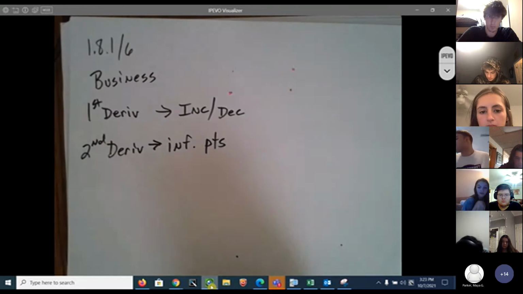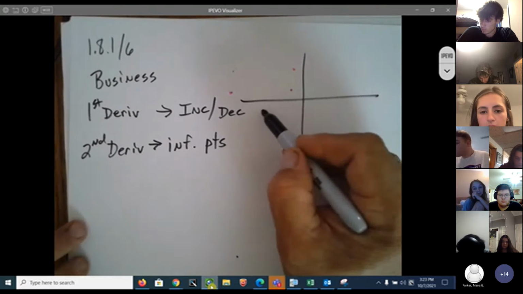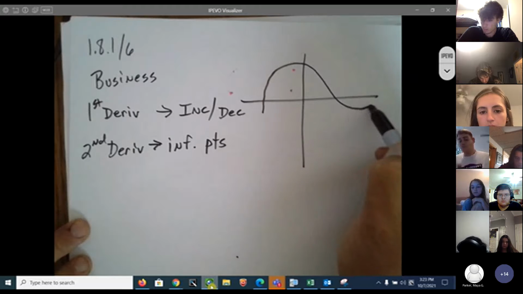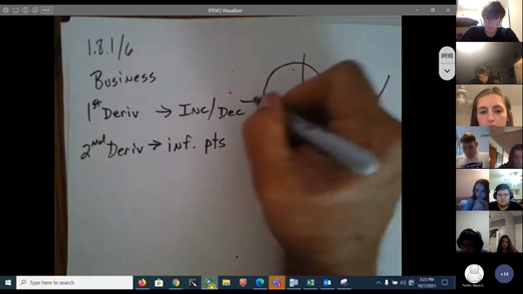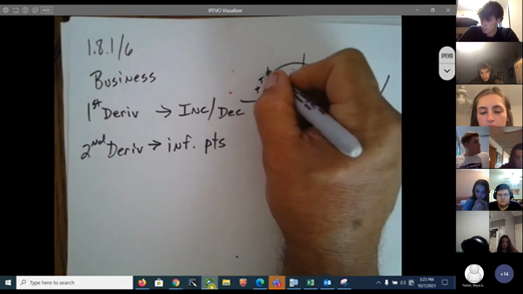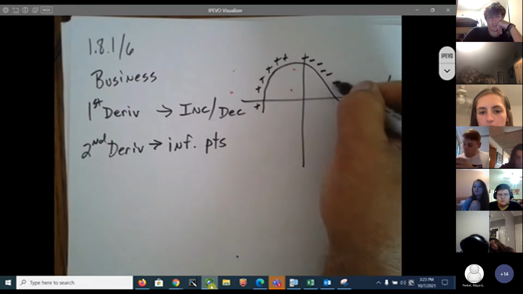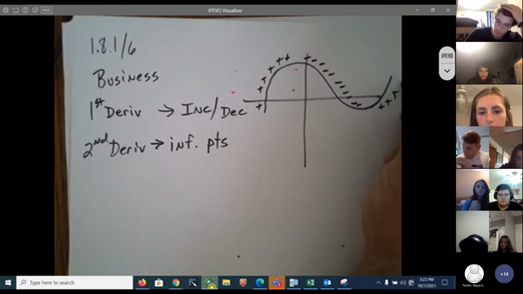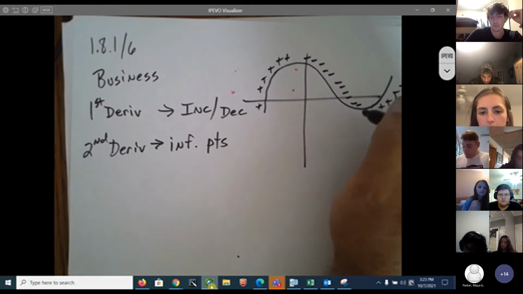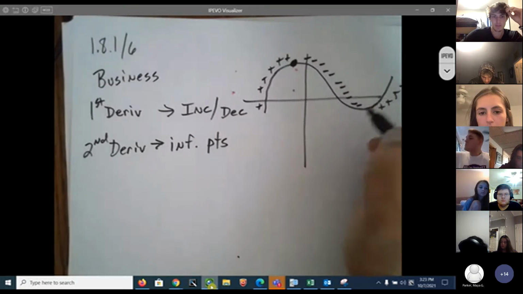Okay, so on a graph, if you've got a graph in marketing and it's going like this, then the first derivative will give you the increasing and decreasing values. And it'll help you zero in on the vertex.